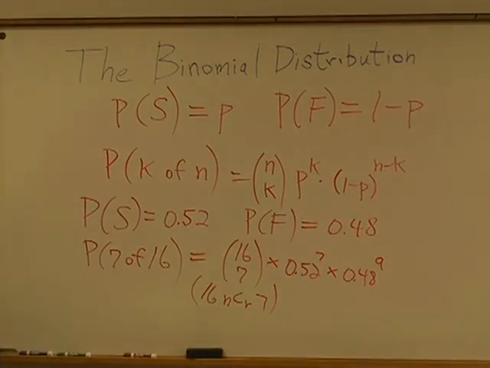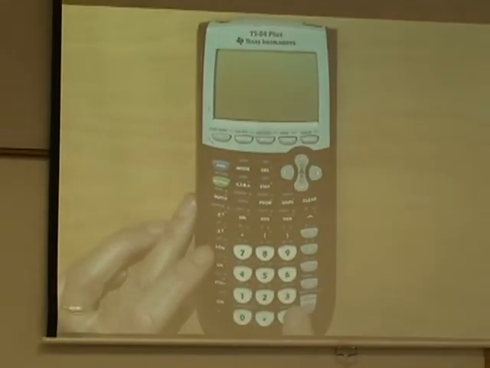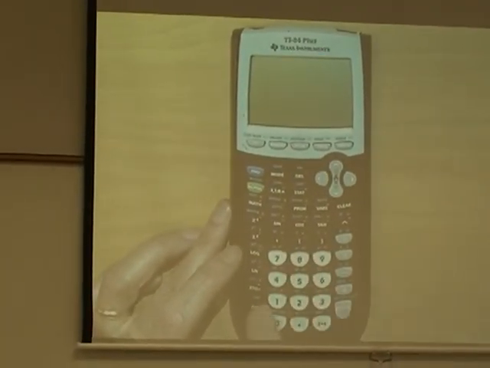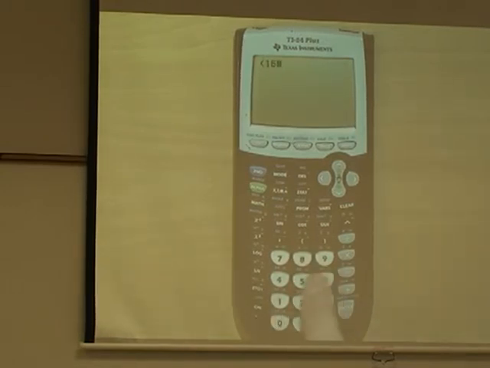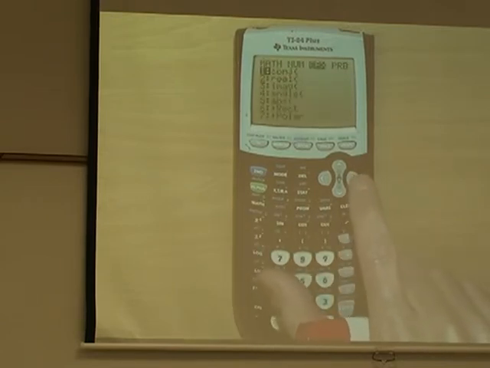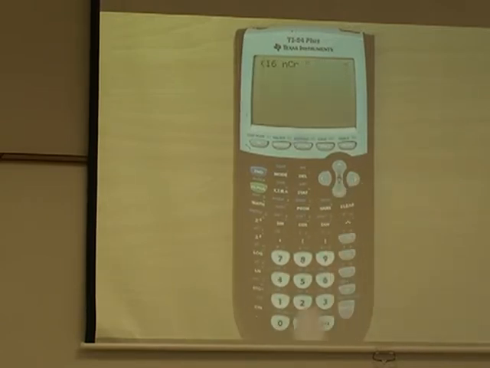Now all I need to do is use my calculator to work these out. The first thing I want to compute is the number of ways this happens. That's, and I put it in parentheses, 16, math, probability, nCr, 7. That's my 16 choose 7. And I multiply by 0.52 raised to the 7th power.